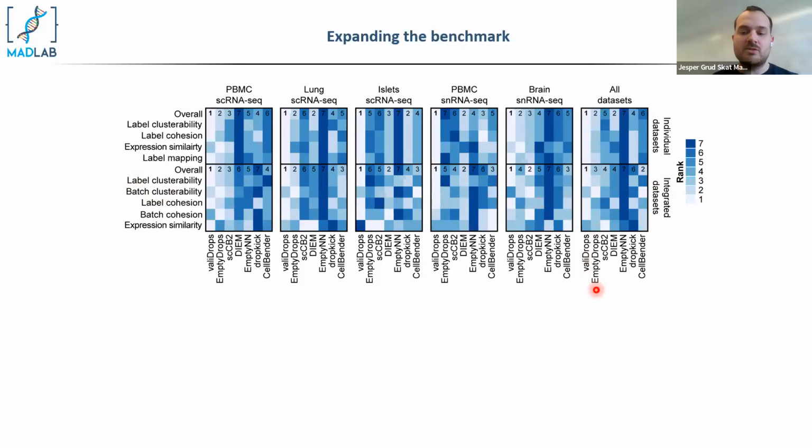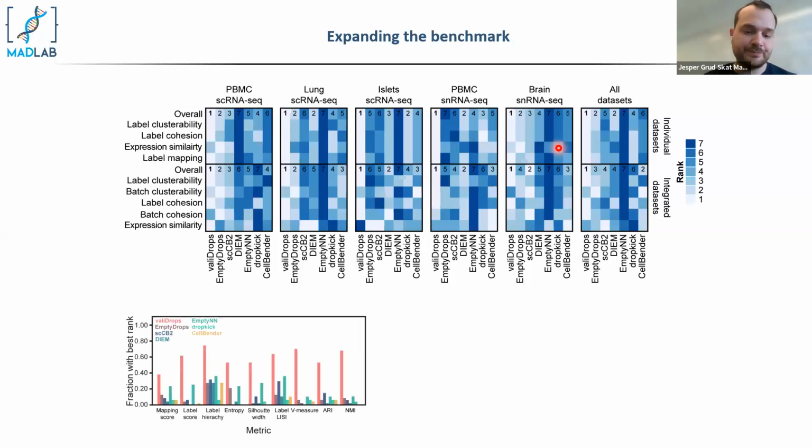And I would say that mtDrops is probably the community standard as it is right now, and it's also doing a pretty good job. We're just slightly outpacing it. We looked into each individual data set and each individual metric and asked how often one particular method is the best one.